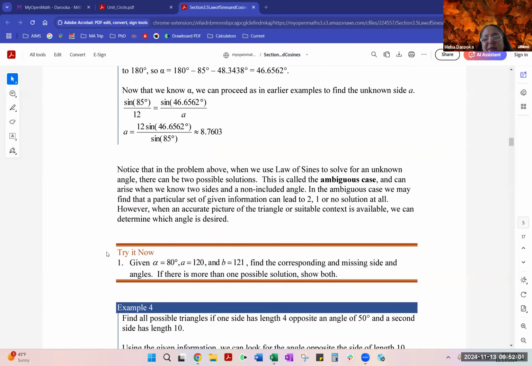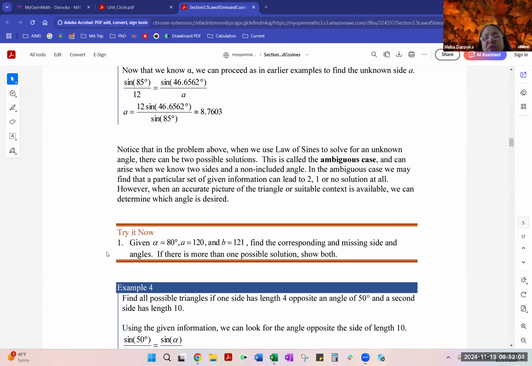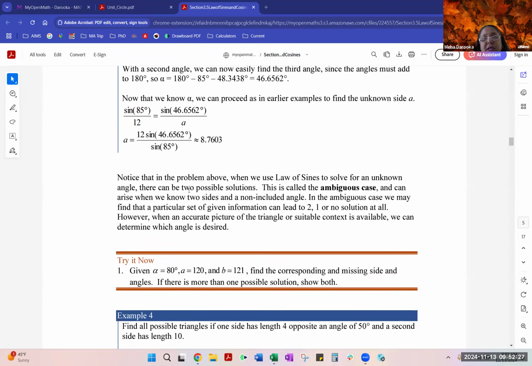So when this happens, this is what we would say is an ambiguous case. And this usually arises when you have two sides and an angle that is not included between those two sides. So basically, in an ambiguous case, you will find that you can come up with two solutions, one solution, or no solution at all.